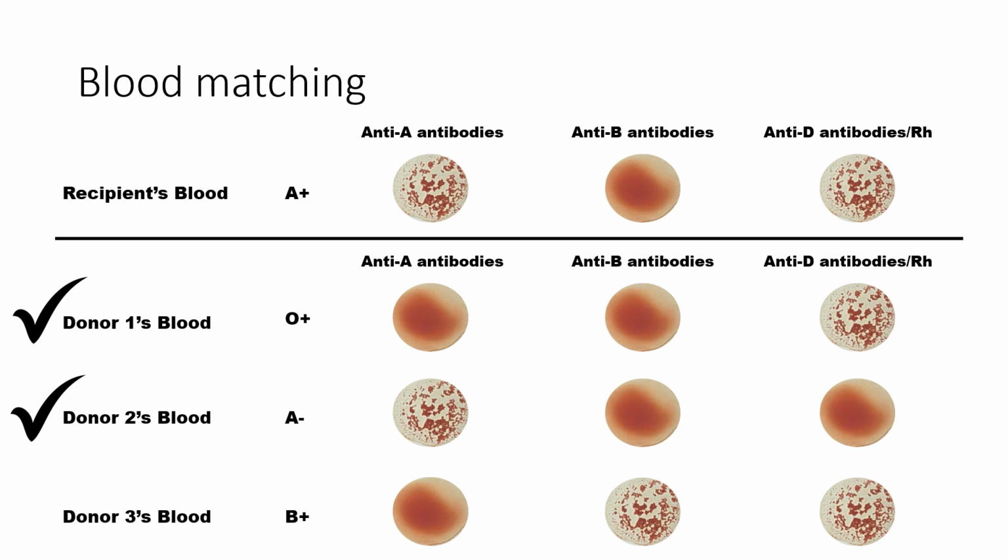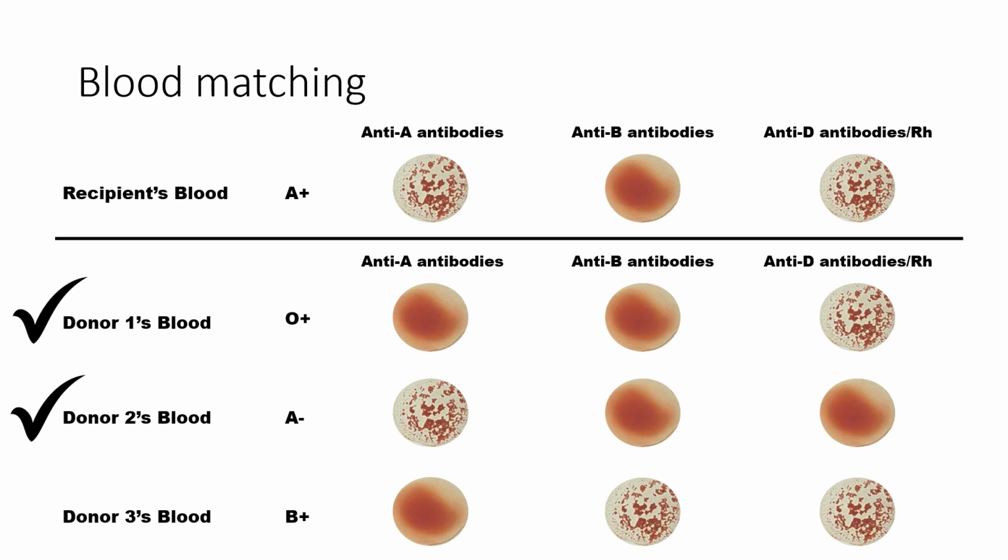Now let's look at donor number 3. Now donor number 3 doesn't have the A antigen, but it does have the B antigen, and it does have the D or the RH factor on it. So we've got a problem with donor number 3, and the problem is this B antigen that the blood tested positive for.